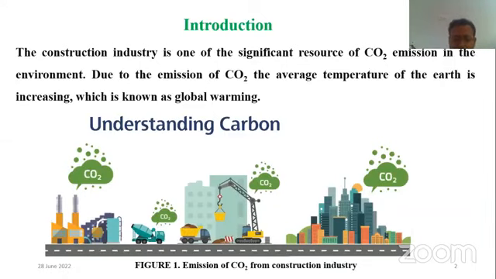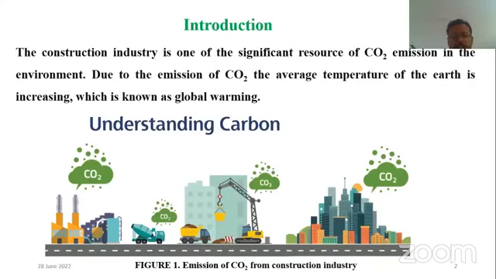Nowadays, due to the huge construction, the emission of carbon dioxide is a problem, and it is a cause of global warming. We can see in the figure, due to the construction, the manufacture of cement and the demand for cement is increasing many folds nowadays.